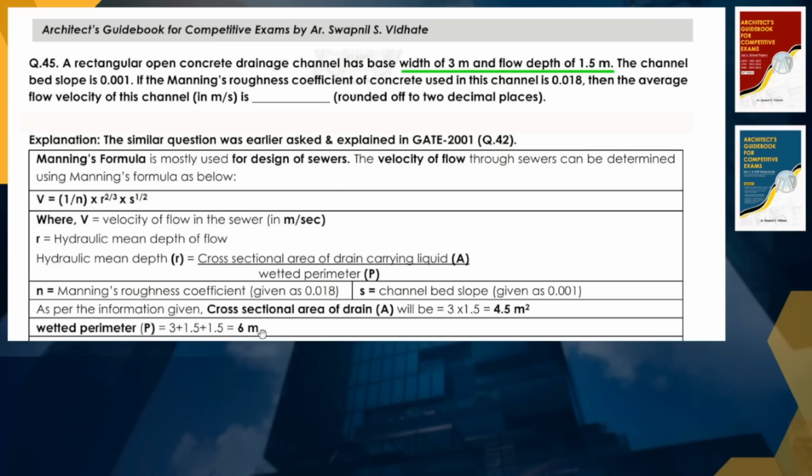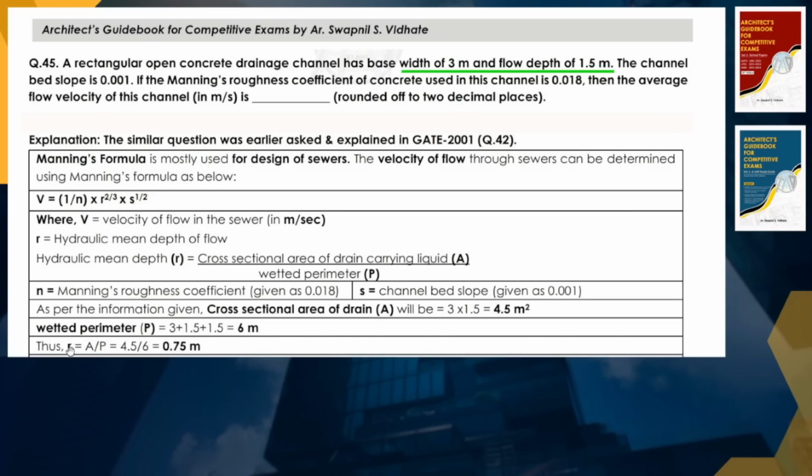Now from this we'll calculate R, that is the hydraulic mean depth. As I said, R equal to A divided by P. So what is the cross-sectional area? We have just calculated, it is 4.5 divided by wetted perimeter, which is 6. So 4.5 divided by 6, it will be 0.75 meter.